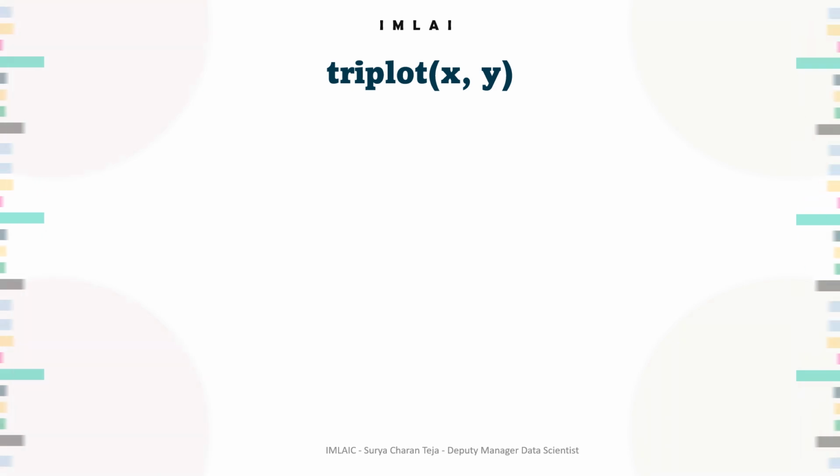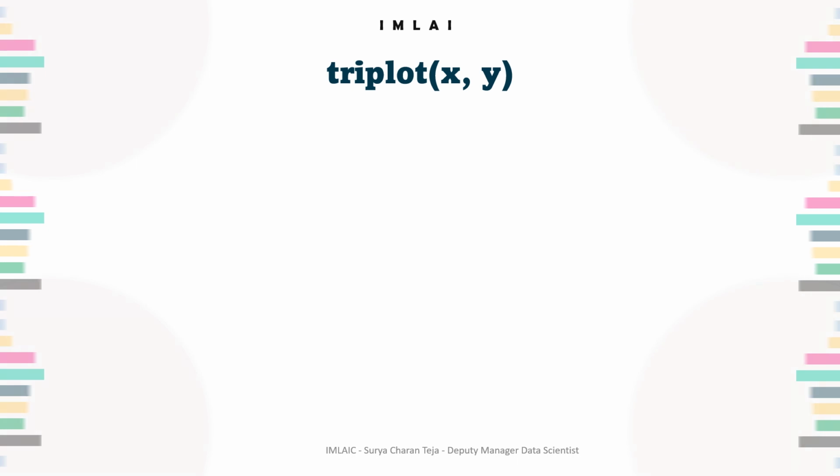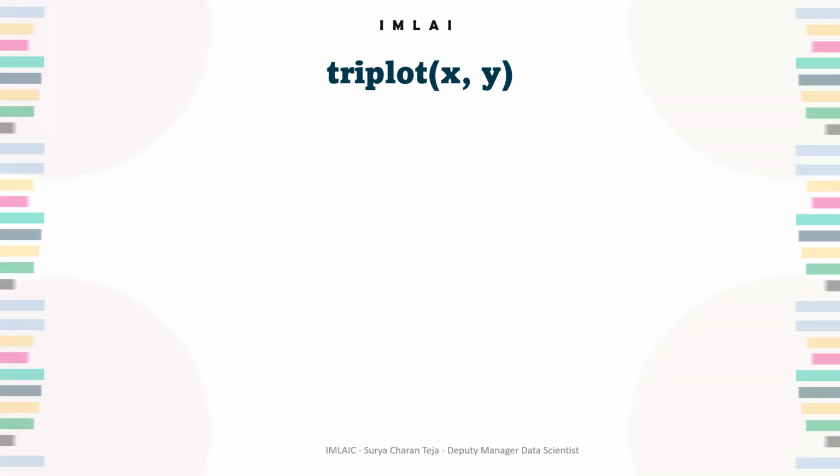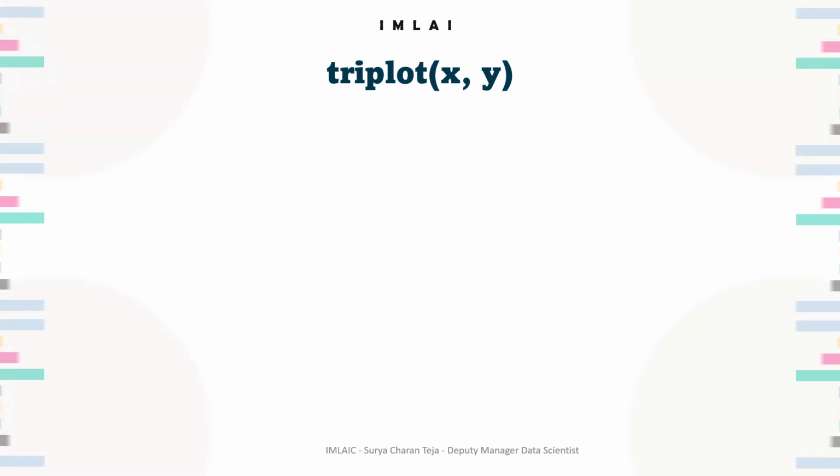What is a triplot? Triplot involves creating a triangular grid. The matplotlib.pyplot.triplot function draws an unstructured triangular grid as lines and/or markers.